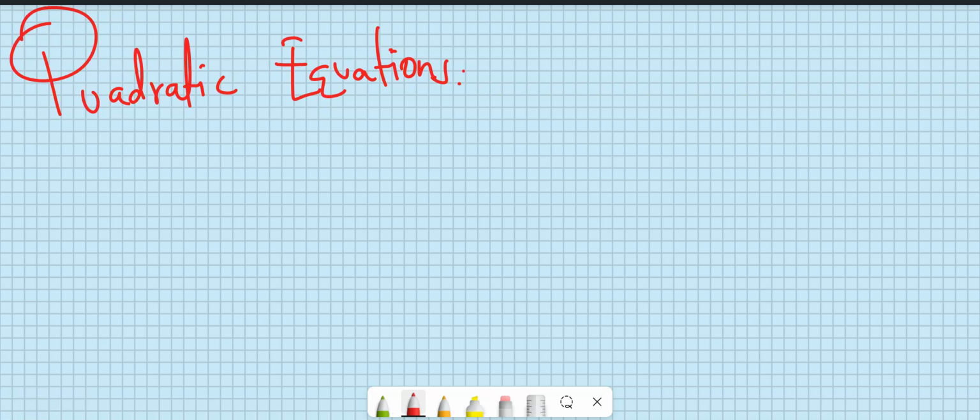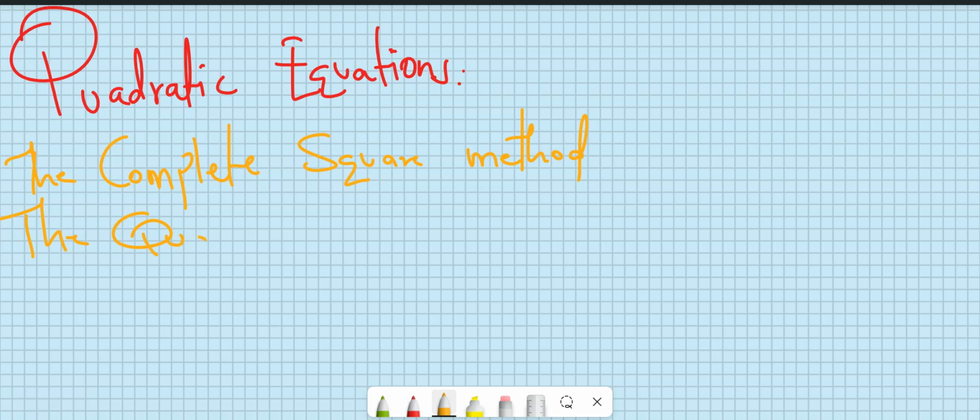So the first way of solving quadratic equations is called the complete square method. I'll just state them first. The second way is called the quadratic formula method.